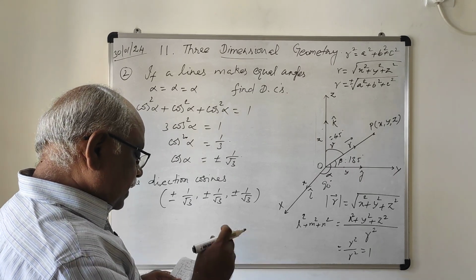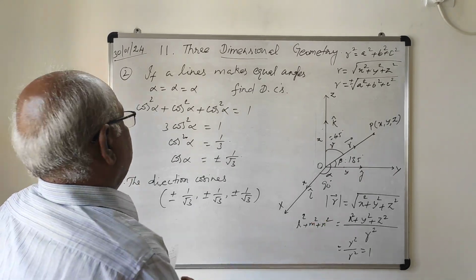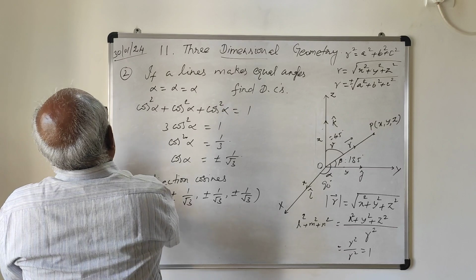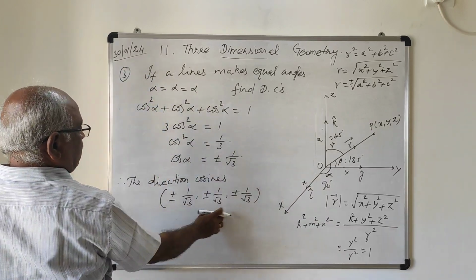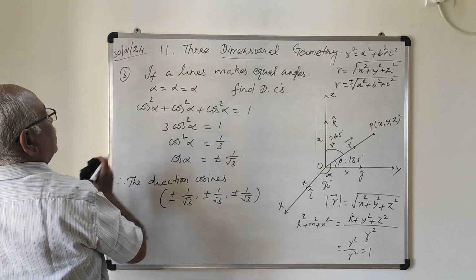Find the direction cosines if the DRs are given. In this third problem, the DRs of a line are given.